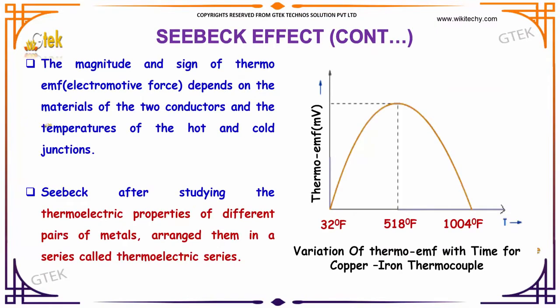The magnitude and sign of the thermo EMF, that's electromotive force, depends on the material of the two conductors and the temperature of the hot and cold junctions. Seebeck, after studying the thermoelectric properties of different pairs of metals, arranged them in a thermoelectric series.